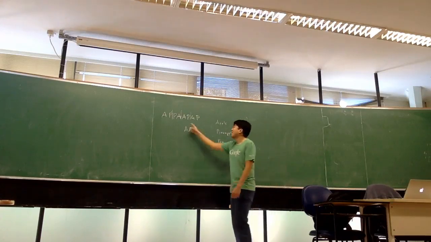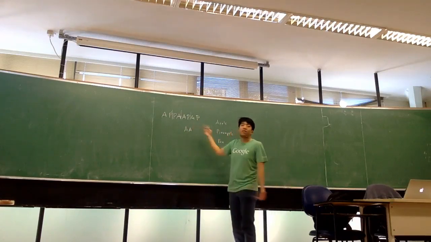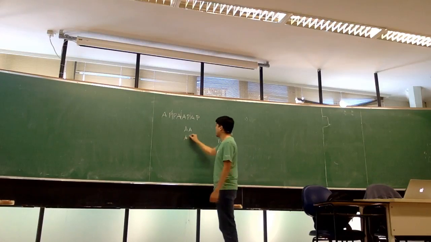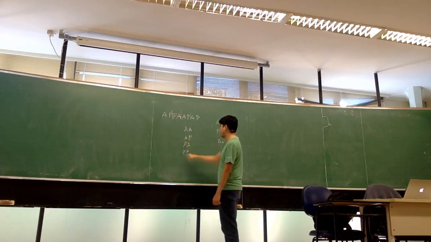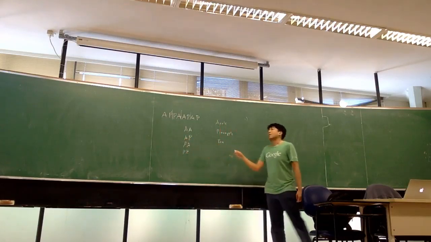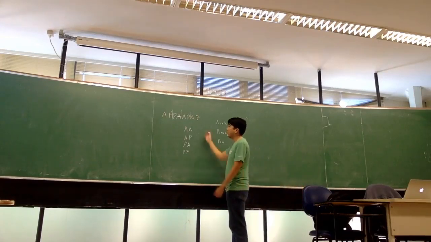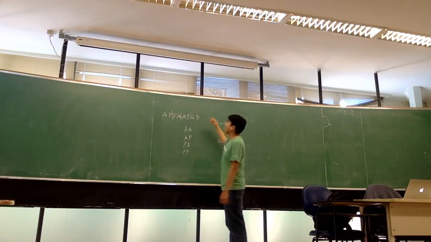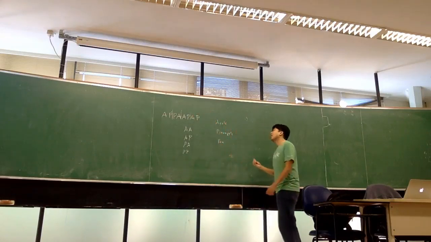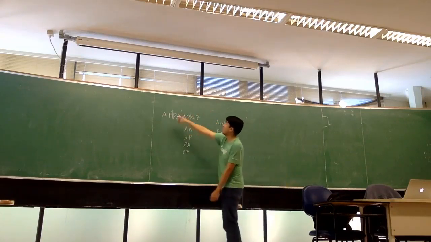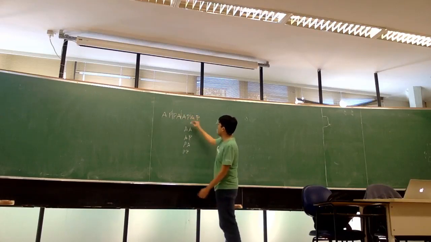There's no way to have a pen if there's no P. In all other cases, you can say this is a pen, this is a pen, and this is a pen, this is a pineapple. So all other pairs are valid. So the only thing you have to check beyond checking whether this string has a length that is a power of 2 is that none of these pairs are of this type.